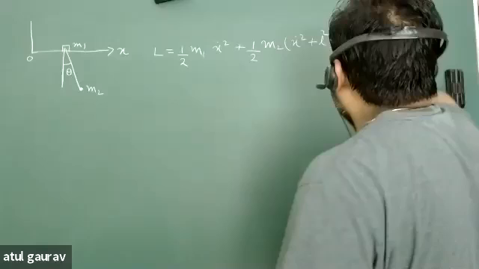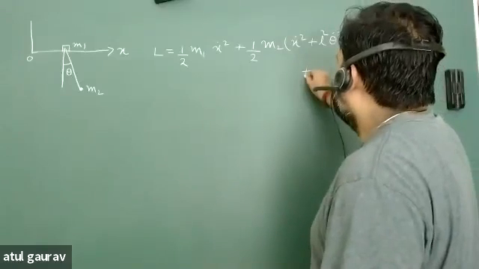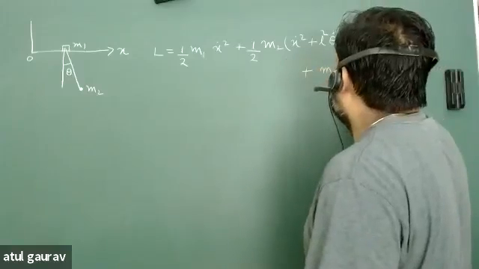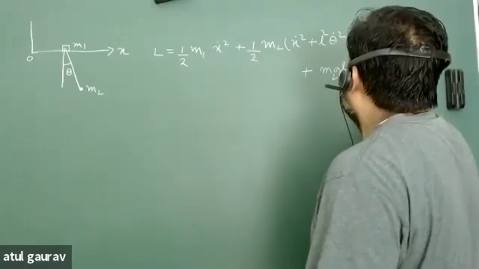So this is the kinetic energy, and potential energy is m2gl cos theta.